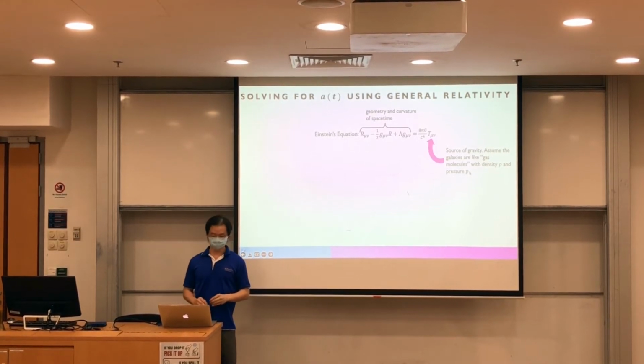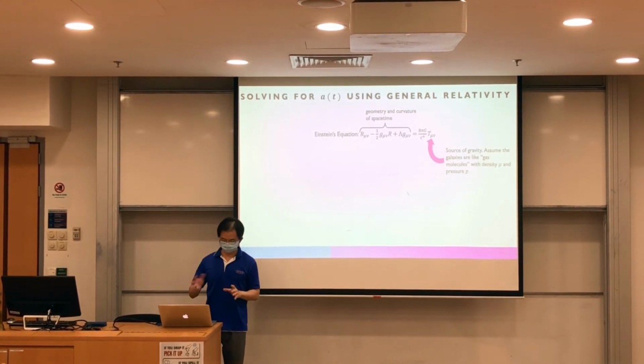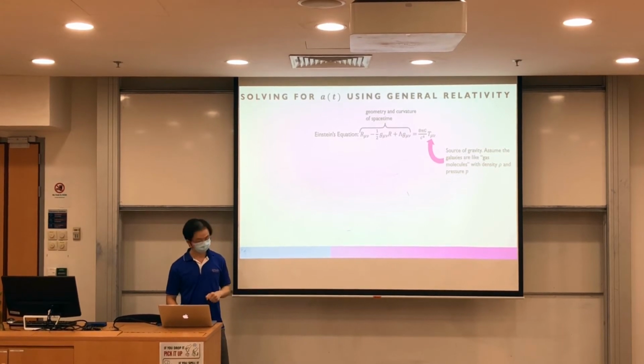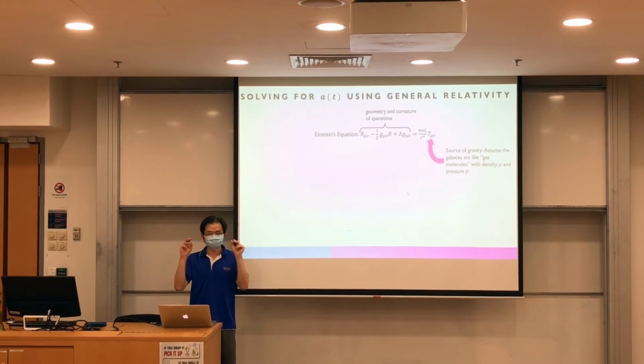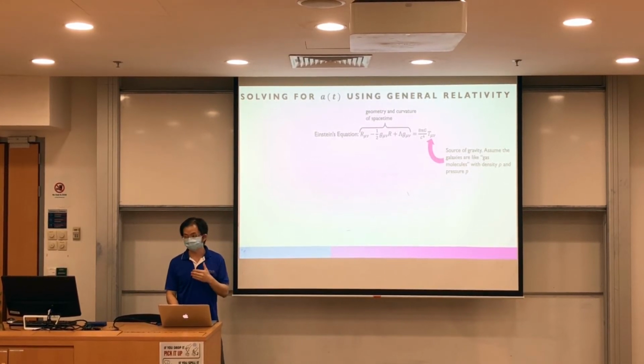We call it an ideal fluid, but almost the same. Because that's the simplest thing. You treat the whole universe like an ideal gas, and each so-called molecule is actually a galaxy. That's how we can progress.